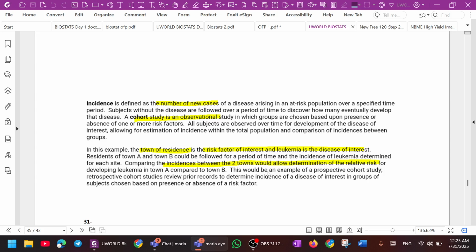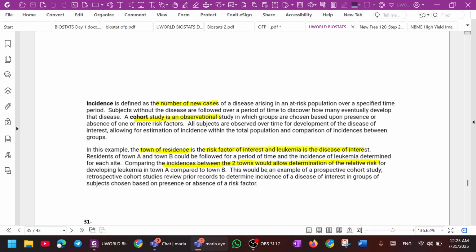The incidence of leukemia determined for each site. Comparing the incidence between the two towns would allow the determination of the relative risk for developing leukemia in town A compared to town B. This would be an example of a prospective cohort study.